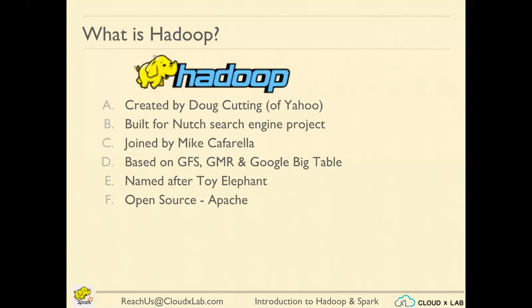Apache was basically, long back, a server, and even today that server is the most popular server on the internet. Apache is a web server which is used by most of the websites, and so that became very popular and is still open source. Under that umbrella, many projects came up.